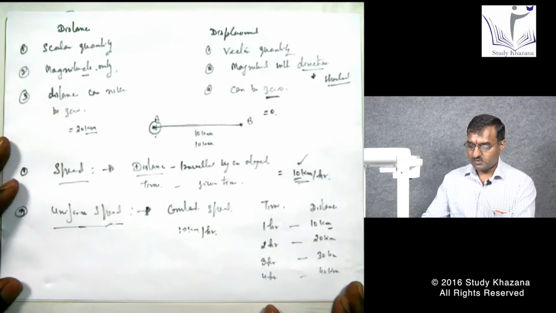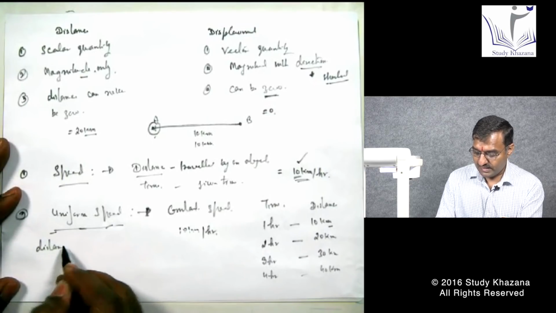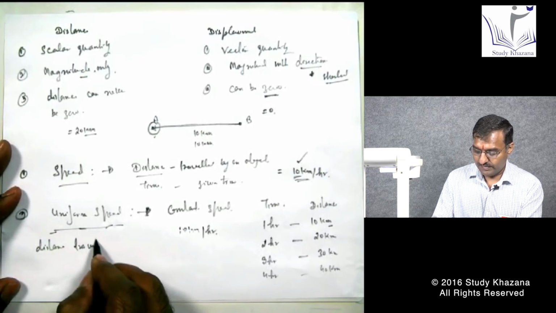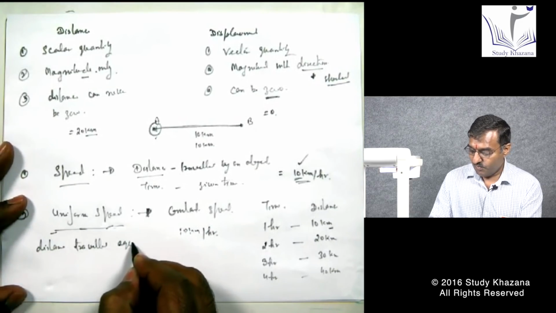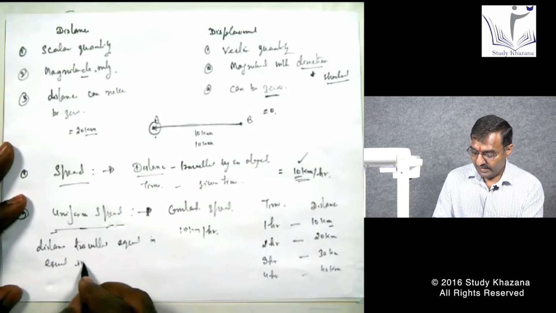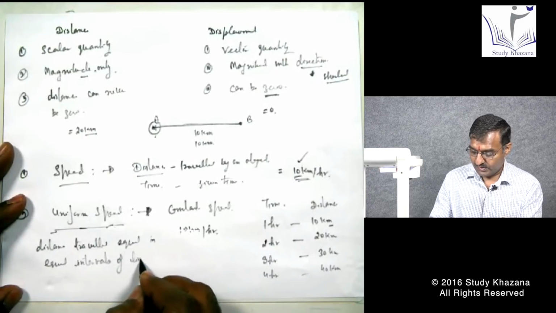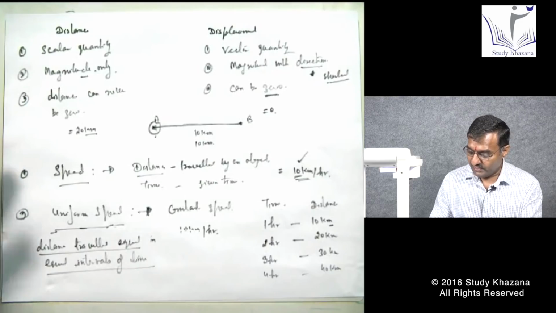So how can we define uniform speed? It is equal distance traveled in equal intervals of time.